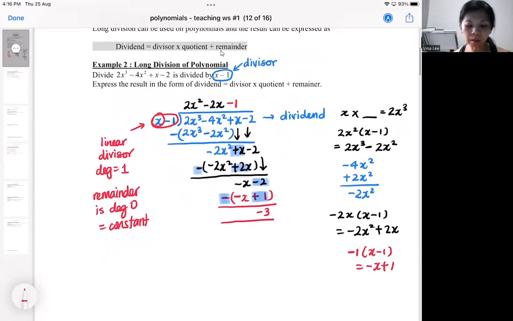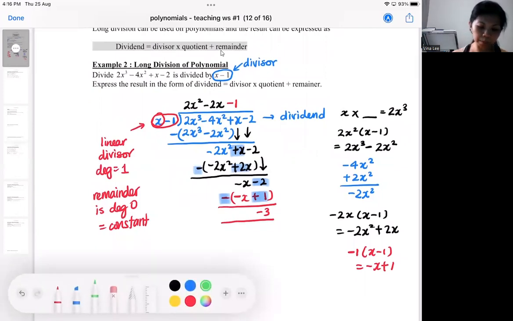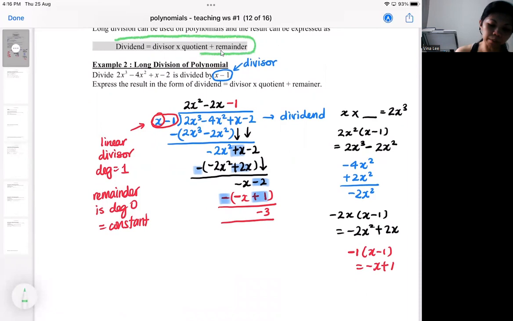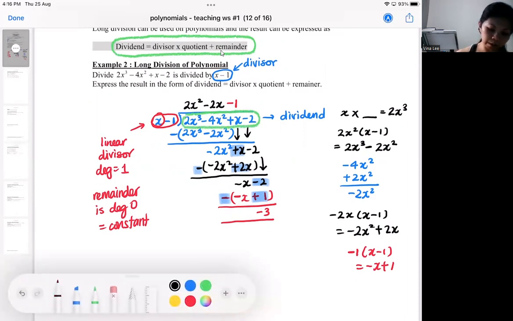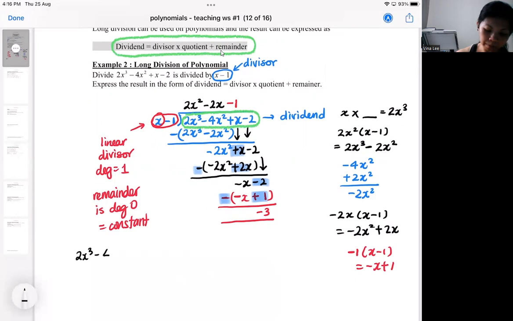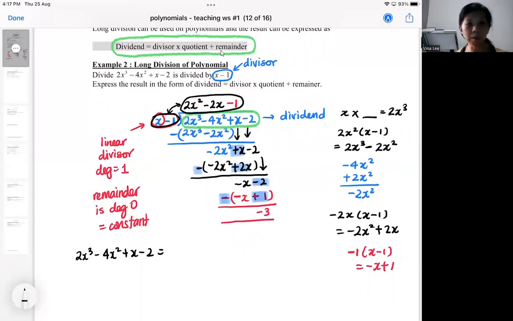At the end of a long division, you should see this relationship. You should be able to pick up the dividend. This dividend is a product of the quotient and divisor, so it will be x minus 1 times 2x squared minus 2x minus 1, and whatever is left is the remainder.